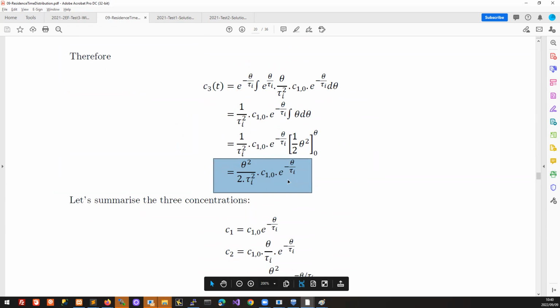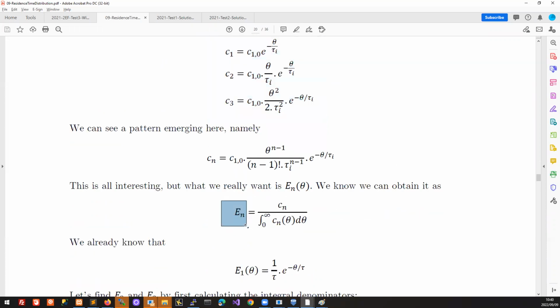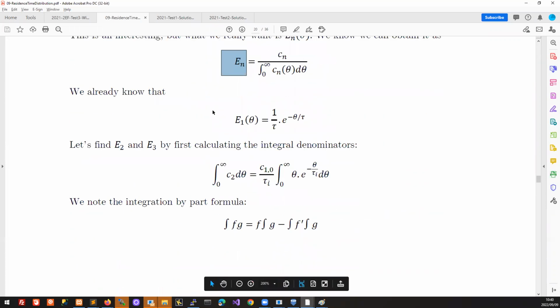So the single tank case was 1 over tau e to the minus theta over tau. Now for the third tank, we have a theta squared extra and an extra 1 over tau. So if you put them all together, you can see a form like this. And of course, we don't want to work in terms of concentrations. We want to work in terms of E's. So you can show, we've said E1 looks like that.